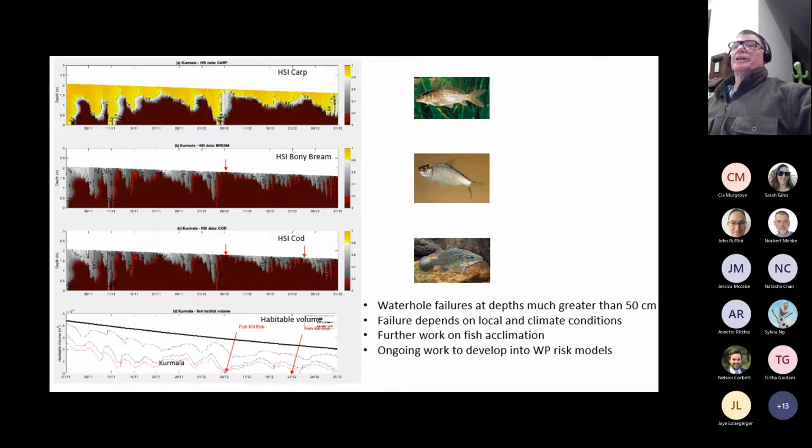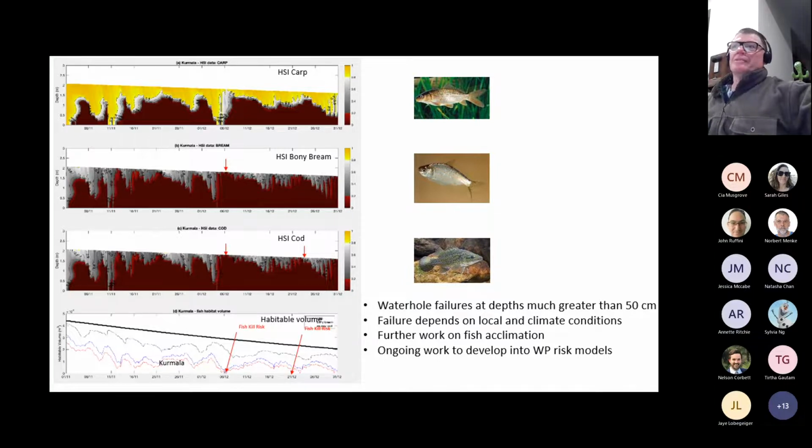So this is based on what actually happened during 2019, 2020 that we're seeing here. So for carp, you can see, for all of these, black is intolerable, grey is marginal, and yellow is ideal. And you can see for carp, the top one, a lot of the time, a lot of the volume of the waterhole is ideal or suitable.